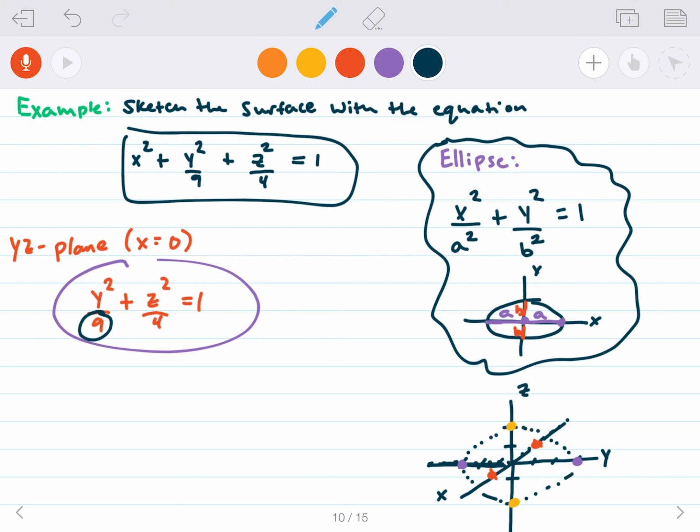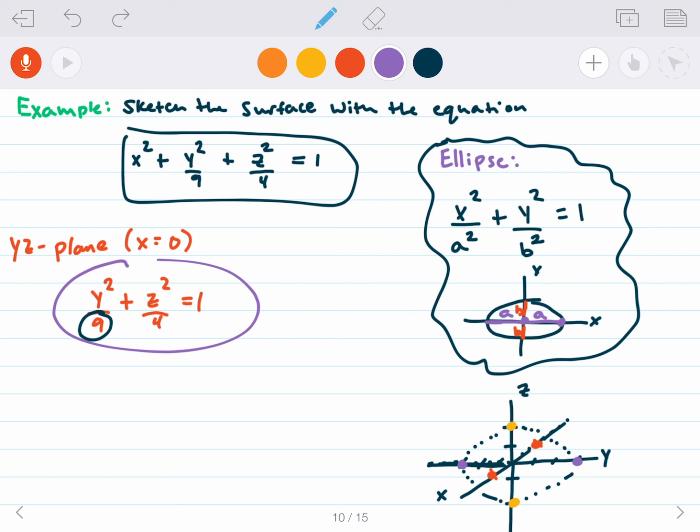My YZ plane. Okay, so that's my ellipse. You can see that Z is associated with a B value of 2, right? Because it's 2 units. 2 squared is 4. And then our A value is 3, and that makes sense because along the y-axis, this goes out 3 units here from the center, this goes out 3 units, okay? So that's my trace along the YZ plane.